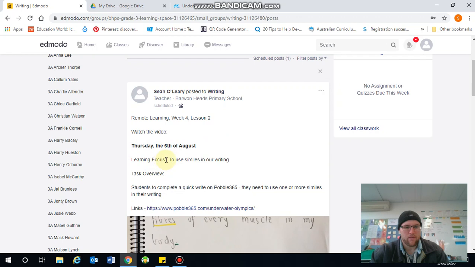So our learning focus is to use similes in our writing. I know that we got right into that a couple of weeks ago, and we found a lot in our reading, and we also practiced writing them. They're the kind of comparisons that you can make when you're writing.